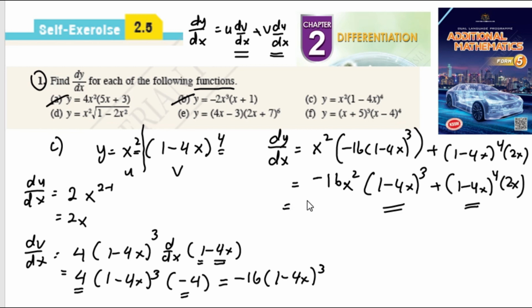You see here, this one and this one are similar, so we can factorize it out. This one is power of 3, this one is power of 4. So we can definitely take the power of 3 out. When I take 1 minus 4x to the power of 3 out, what I have left is negative 16x squared. Since I have taken out the power of 3, I have another 1 minus 4x, which is multiplied with 2x.